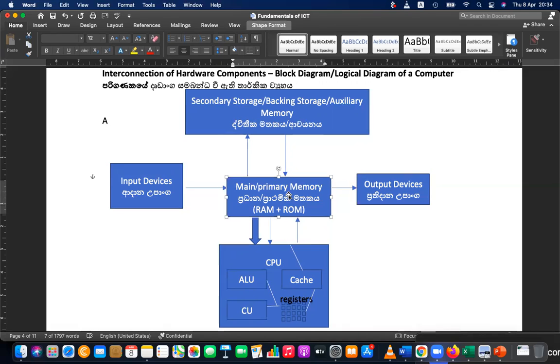How many of you are having 2 GB RAM in your computer? I think most of you are having more than that. How many of you are having 4 GB RAM? Yes, how can we look at that?